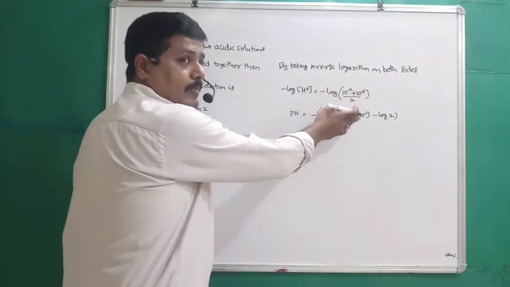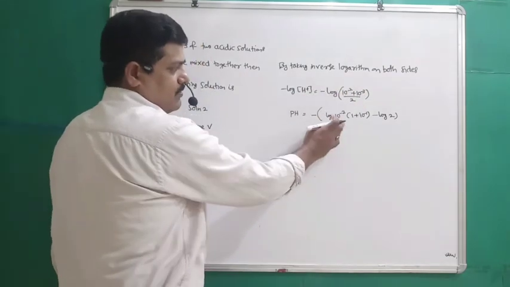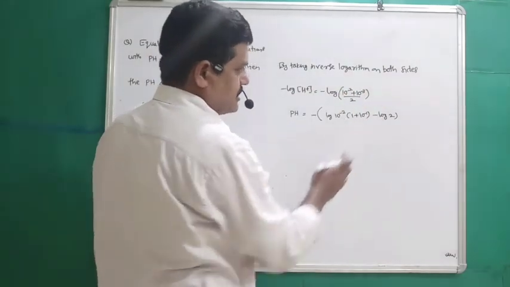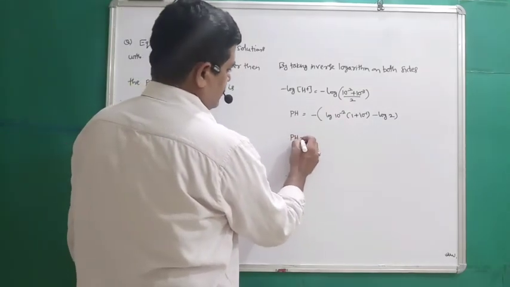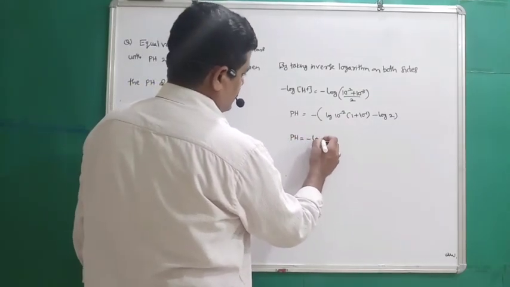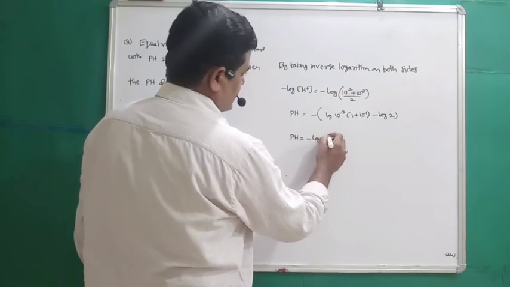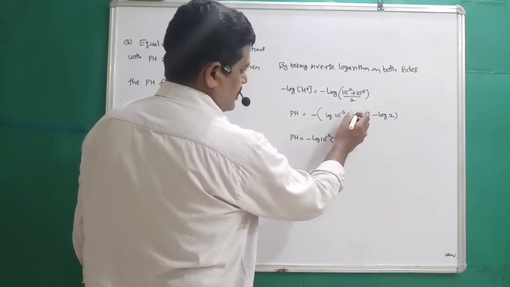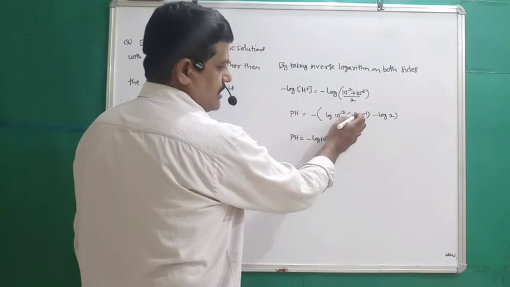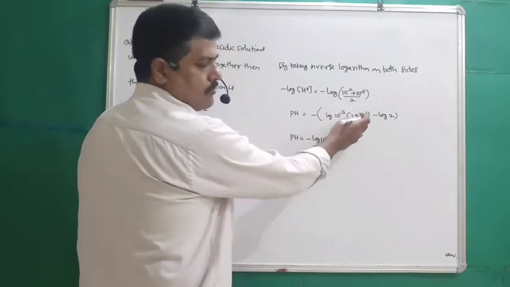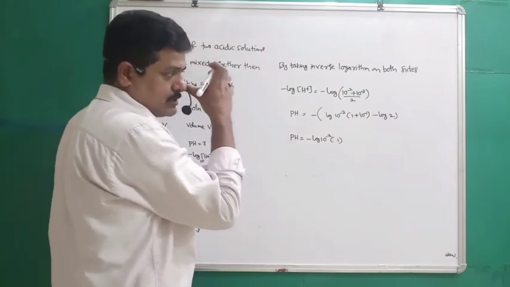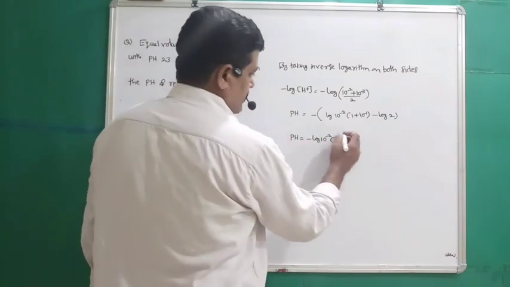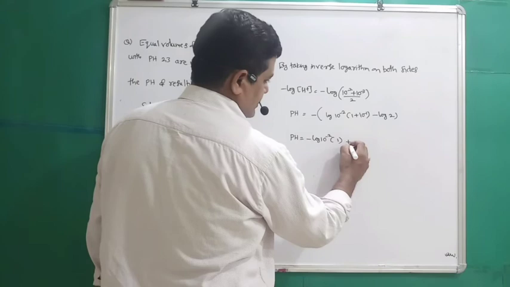Log of A by B we can write as log A minus log B, right? Then pH is equal to minus log of 10 power minus 2 into, we can write this as approximately 1, right? So 1 plus 10 power minus 1 is 1.1, which is approximately 1. So minus into minus is plus log 2.